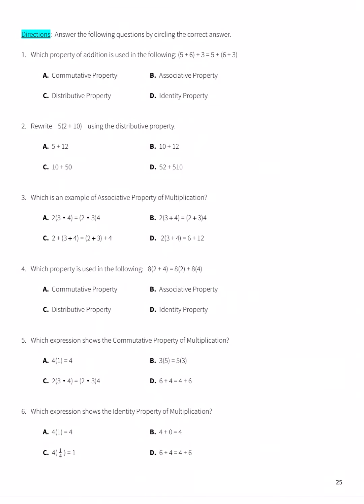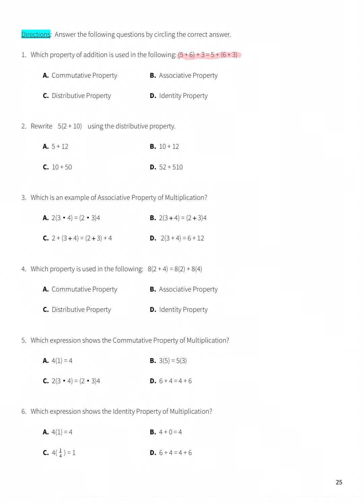On this page, what you're going to do is you're going to look at the given equation and you're going to determine which property is being represented. So if I look here, it says which property of addition is used in the following equation. The quantity 5 plus 6 plus 3 is equal to 5 plus the quantity 6 plus 3.